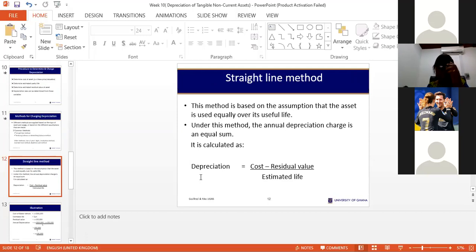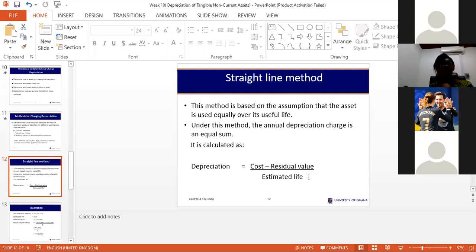If you look at the example that we just worked, that is the assumption there, that the 18,000 we computed would be consumed every year over the next 5 years. And that is what we just did. So this is how we compute the depreciation amount.